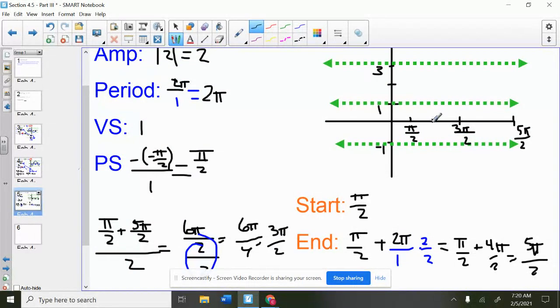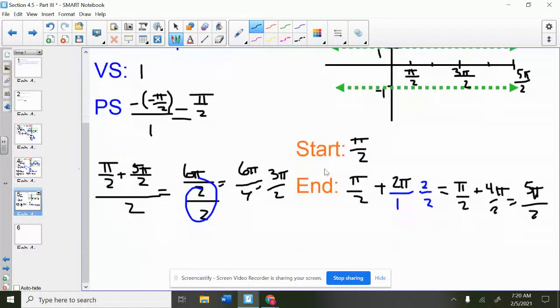Okay, now I need to go halfway here, and I need to go halfway here. So halfway between pi over 2 and 3 pi over 2. So pi over 2 plus 3 pi over 2. And then again, divide that whole thing by 2. That's the average. You're dividing everything by 2 because you're averaging out two values.